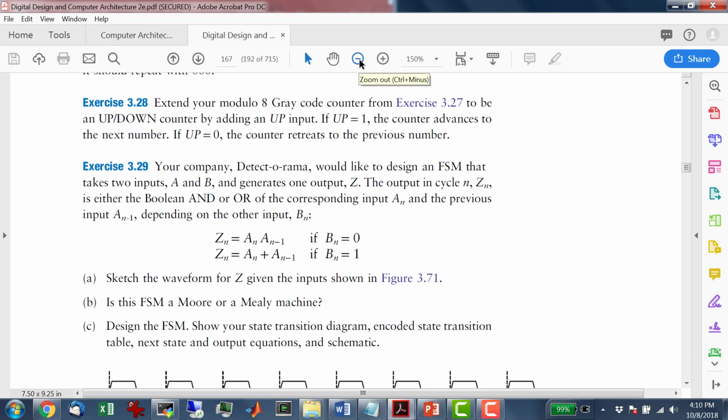Yeah, 0 or 1 equals 1, right? Right. So notice I'm putting the Z on the transition, and also notice that now I have to have multiple transitions, which looks kind of funny, but in a Mealy machine, you may have more than one transition from one state to another, because you have to differentiate the different possible output values.